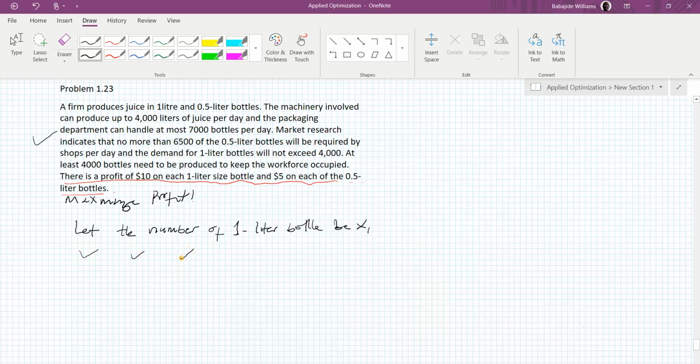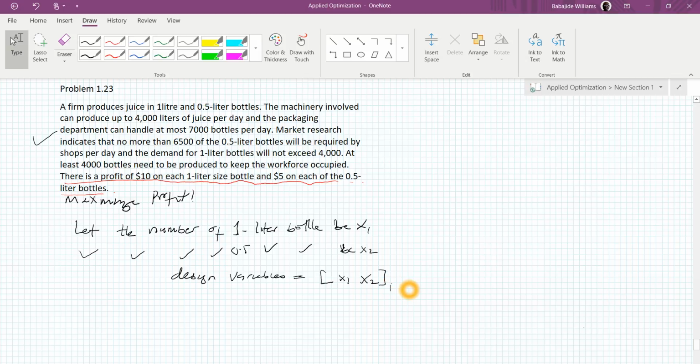Let the number of 0.5 liter bottles be x2. Straight away, without any hassles, you have succeeded in defining the design variables. So design variables equals x1 and x2, right?